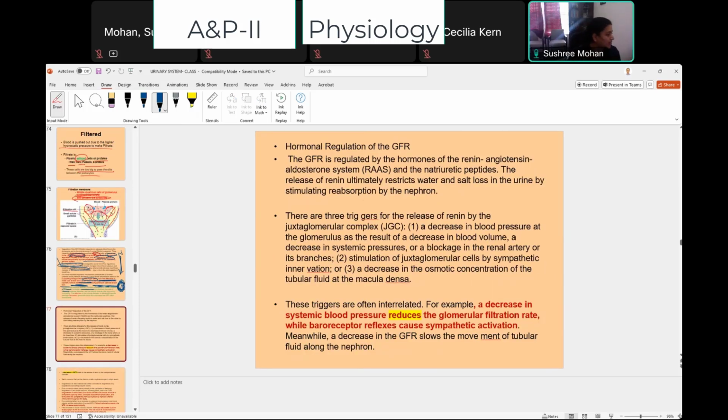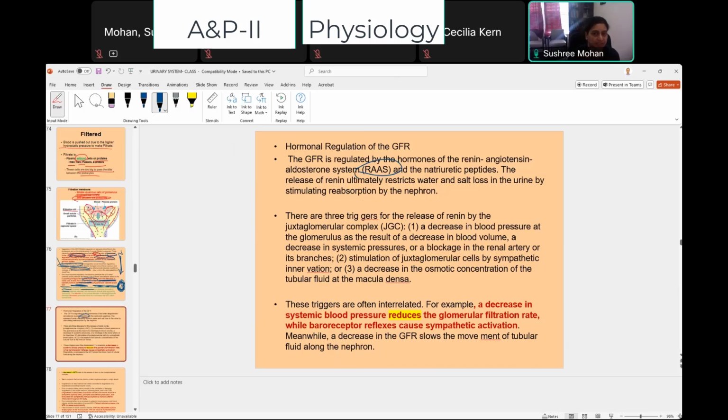For hormonal regulation, they are going to make use of RAS, the renin-angiotensin-aldosterone system. As I told you, the kidneys have an afferent arteriole, which has a region called the macula densa. I already showed you in the previous slide that the macula densa is very sensitive to change in pressure.